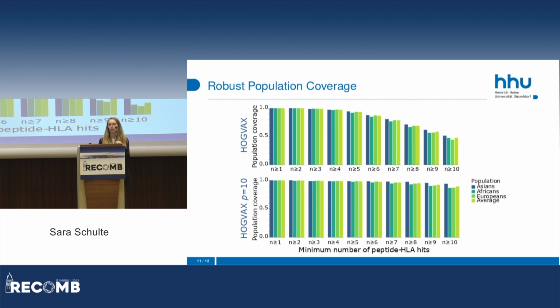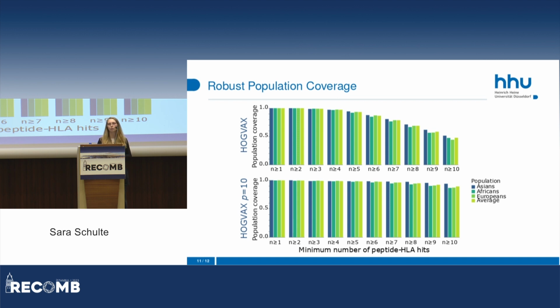So for at least one peptide HLA hit, we reach like 100% population coverage. But when you increase the number of required hits, then you can observe that OptiVax decreases much faster compared to HOGVAX, while with HOGVAX, we still achieve like 50% population coverage. And now you might remember this parameter P, our hit parameter.